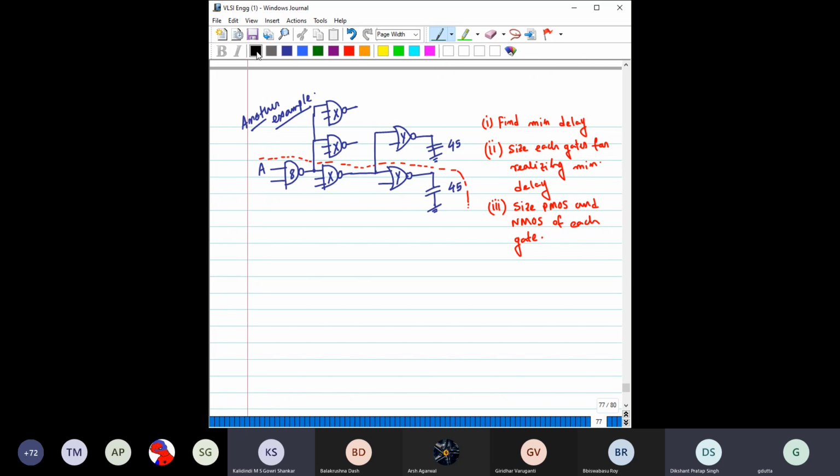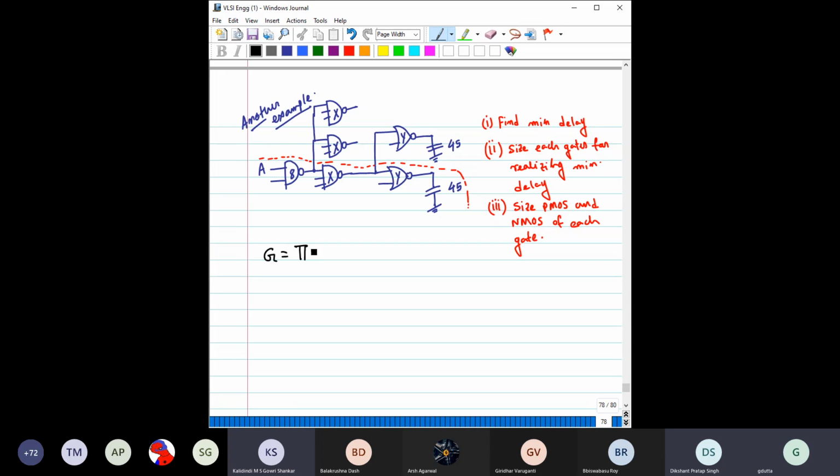So again we will follow the process that we have learned just now, that is, what is G. G is the path logical effort. In the exam it is expected that you write G is the path logical effort, all these things, but here to save some time I am not writing all of it because I have already written everything in the first example.